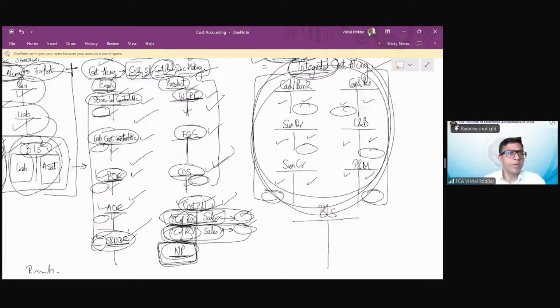Now, if I'm following the non-integrated approach, which means I'm preparing separate costing books, in costing I do not need the details of cash balance, bank balance, debtor balance, creditor, or my assets. I don't require these details for cost accounting. So I will not take the pain of opening all these accounts separately.